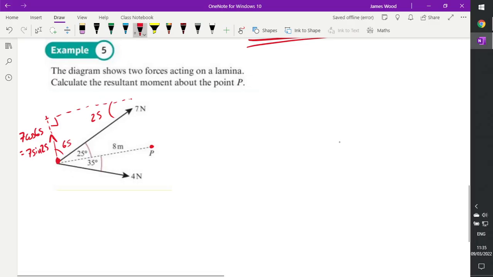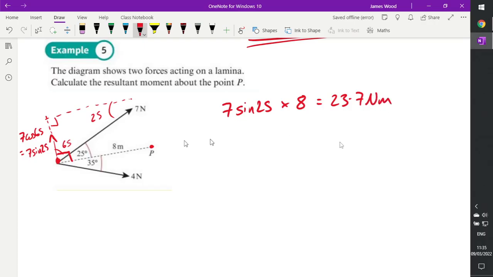Because now we've got this right angle in here, so the component of the force is perpendicular to the distance. So we've got 7 sine 25 times the distance of 8. So that is 23.7. And that is trying to make it rotate. It's a bit clearer now that I've got this arrow on here. This is trying to make it rotate clockwise.